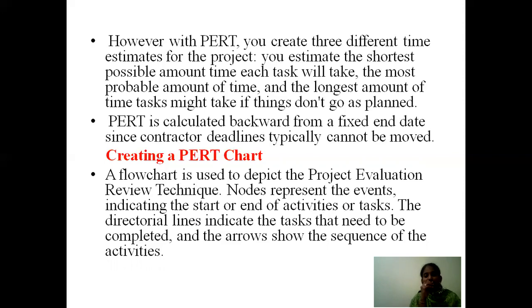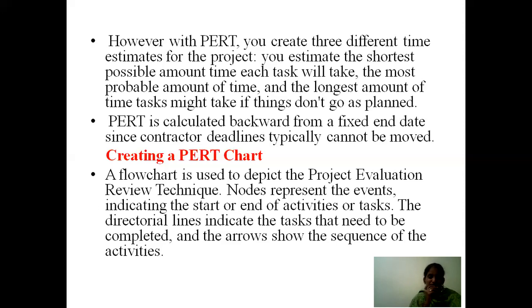Each and every event we are going to represent by the nodes. The nodes are going to be represented in the form of circles, indicating the start as well as end of each and every task. The directional lines indicate the tasks that need to be completed, and the arrows show the sequence of the activities.